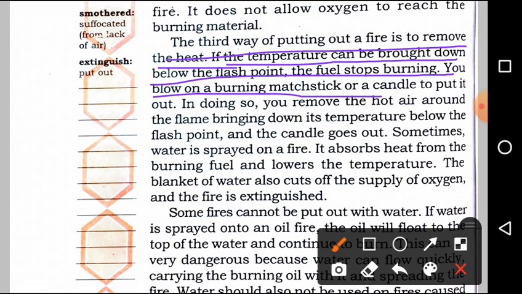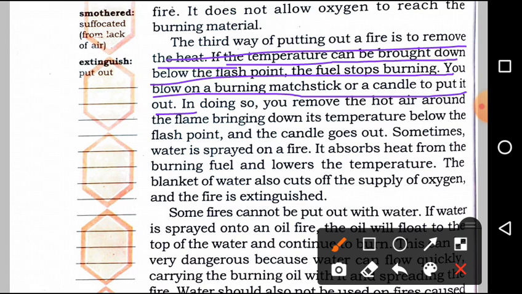You blow on a burning matchstick or a candle to put it out. For example, after lighting the matchstick, if you blow on it, it will stop burning. Why does it happen?